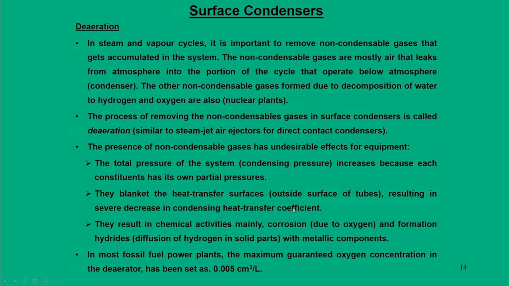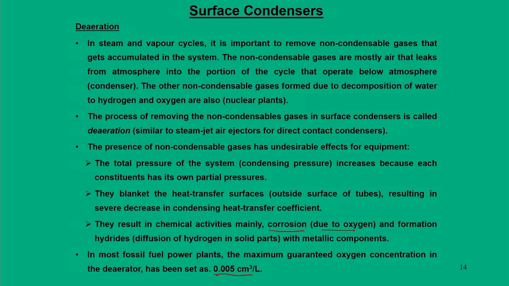Also, if there are chemicals present in the non-condensable gases, they can add to corrosion. For example, the presence of oxygen adds corrosion to heat transfer surfaces. When there is corrosion, the overall heat transfer coefficient drops, and the performance of the condenser will drop down.